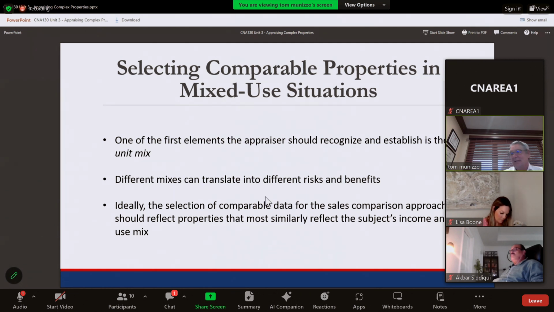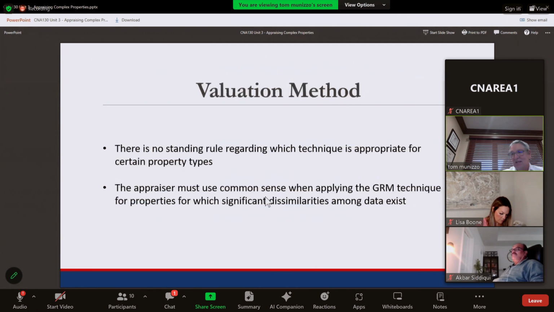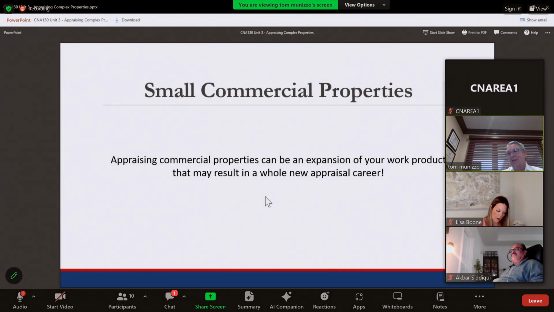Ideally, the selection of sales data for the sales comparison approach should reflect properties that most similarly reflect the subject's income and unit mix. There's no rule regarding which technique is more appropriate on certain property types, and you have to use common sense when applying the GRM technique for properties that have significant dissimilarities.